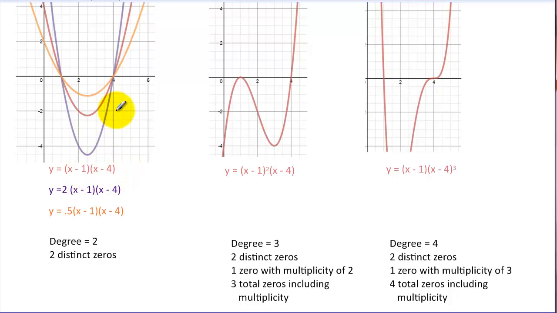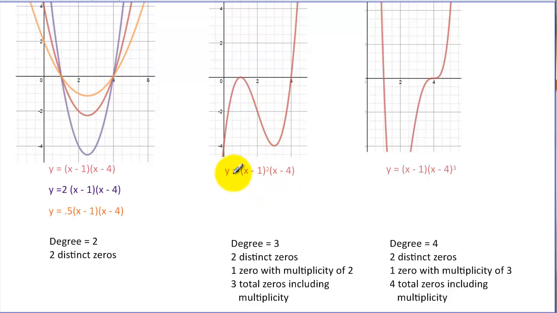So one thing this shows, which we'll be using later, is that we could have lots of different polynomials with the same zeros. So if we know the two zeros, we can turn them into factors and get a polynomial that goes through those zeros, but there could be lots of them, and by changing this a value, we could create lots of them. In this particular example, you can notice we have a polynomial of degree 2, and we had two distinct zeros.